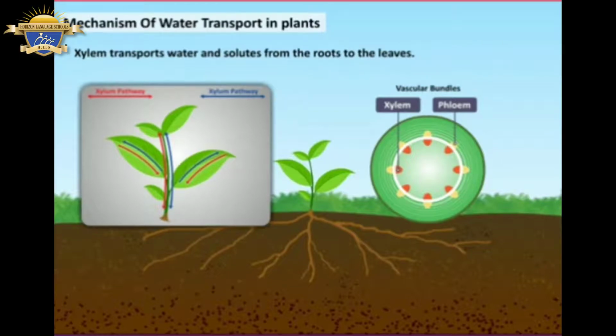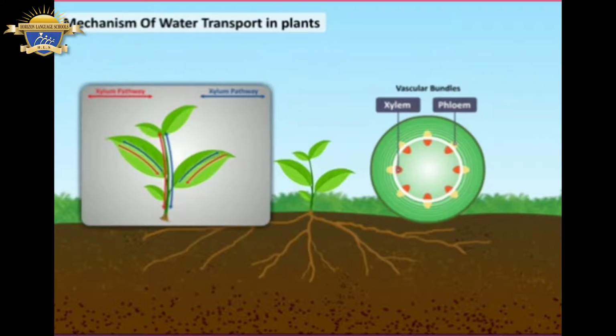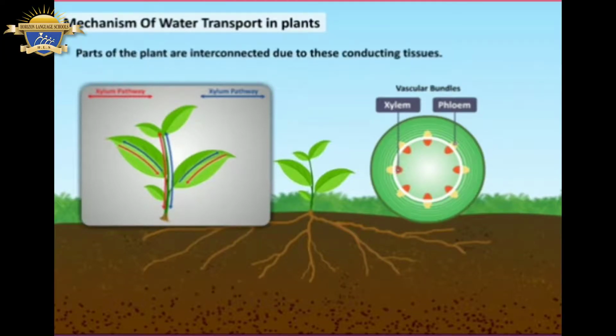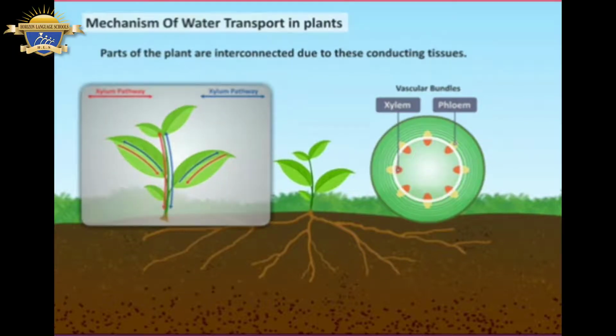Xylem transports water and solutes from the roots to the leaves, while phloem transports food from the leaves to the rest of the plant. Parts of the plant are interconnected due to these conducting tissues.